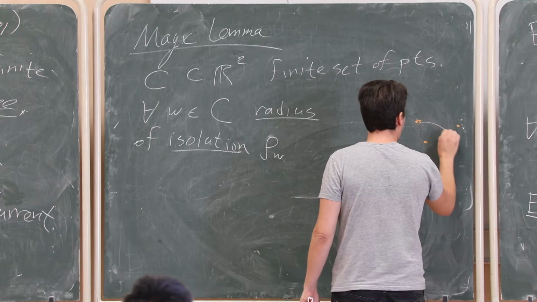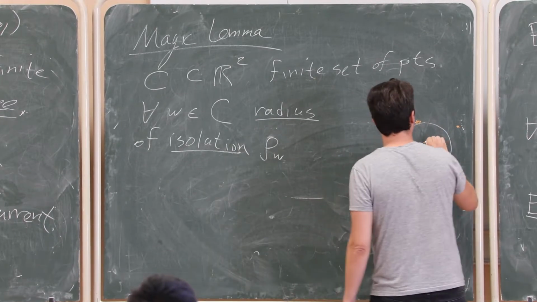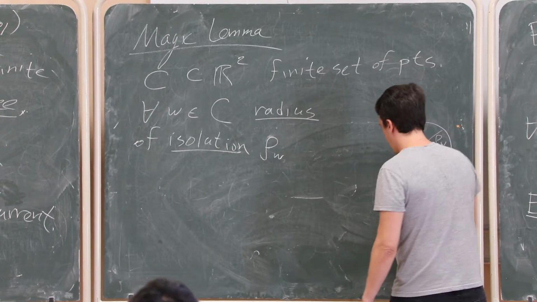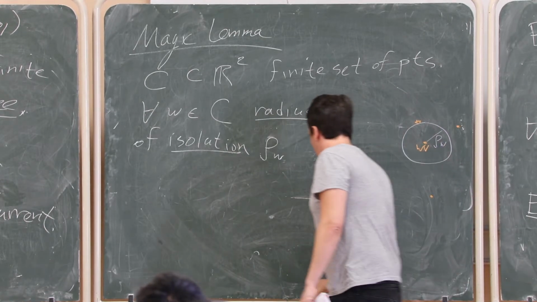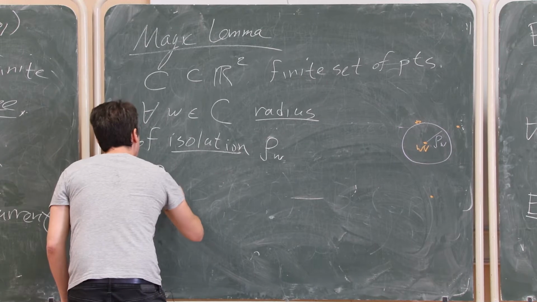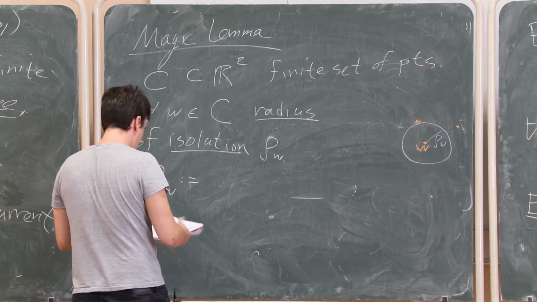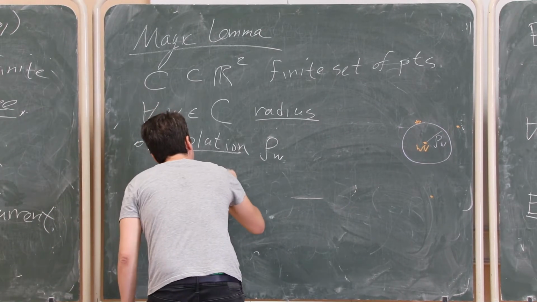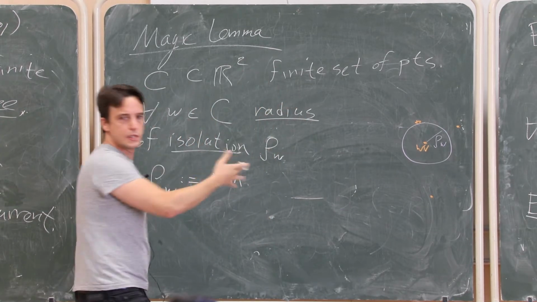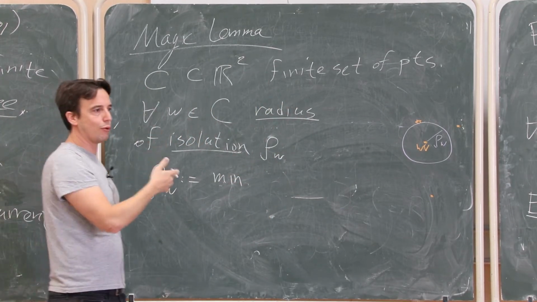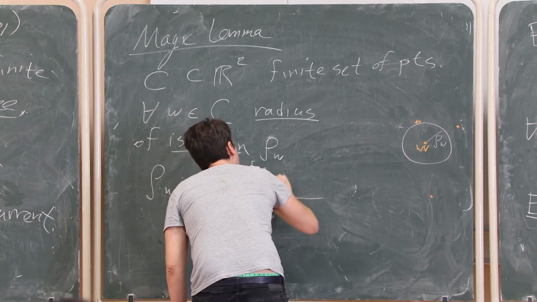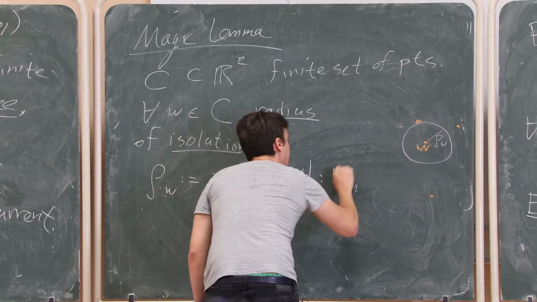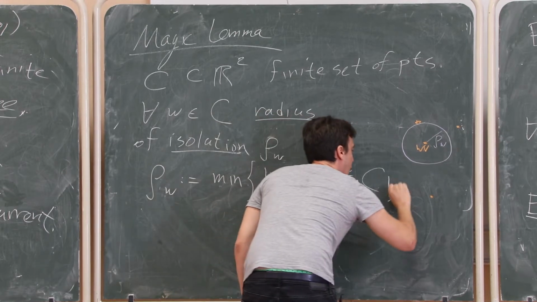So here this will be the radius of isolation if this is w. Rho w is just defined to be the distance of the minimal distance point to w. So it's the minimum of the norm of v minus w, where v is in C but not w.